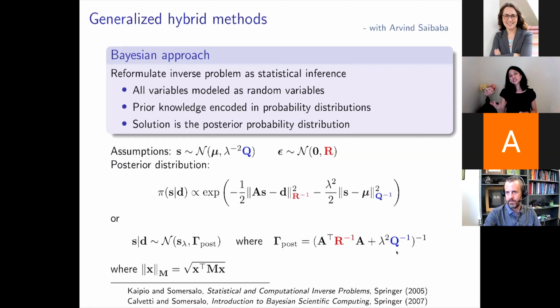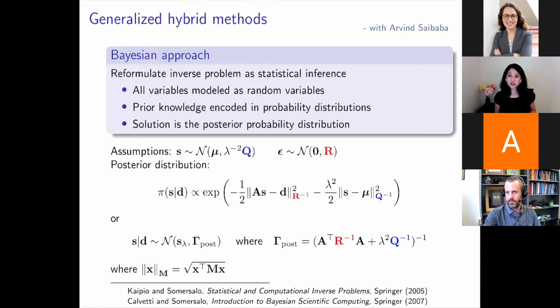What we're interested in is problems where your prior covariance matrix, this Q, might be easy to apply, so matrix vector multiplications with Q are easy, but obtaining the inverse matrix, or even obtaining some symmetric factorization of either Q or Q inverse, might be quite difficult.